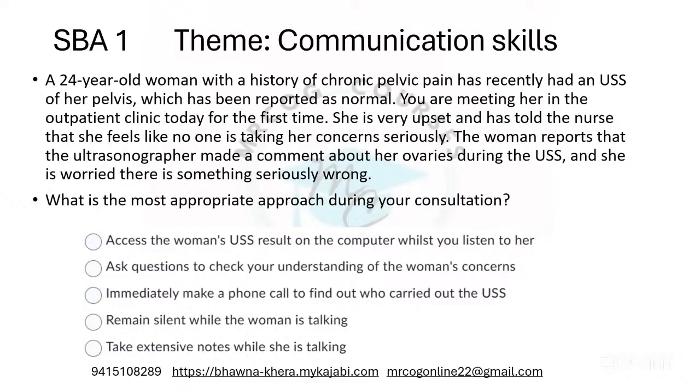Immediately make a phone call to find out who carried out the ultrasound, or contact the sonographer to ask why it is not mentioned in the report and what he actually saw. Remain silent while the woman is talking, just listening to her and giving her time. Or take extensive notes while she is talking.